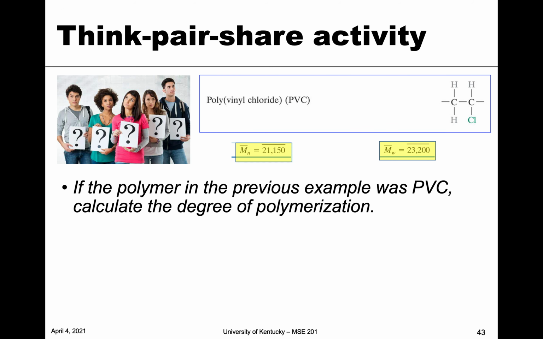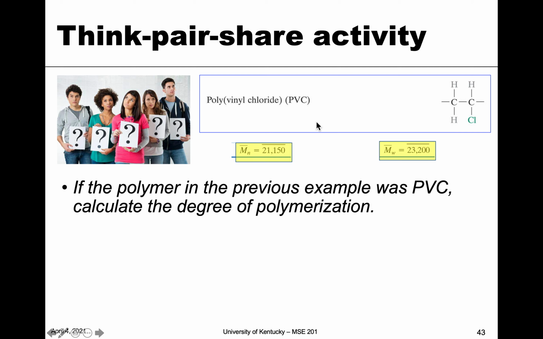All right, so let's look at an example problem with the degree of polymerization. And this is going to use the data that we had from the previous example in the last module. So given that we know the number average molecular weight and the weight average molecular weight, and we know that this polymer now, we weren't given the information before, but let's say that the polymer is polyvinyl chloride, or PVC.